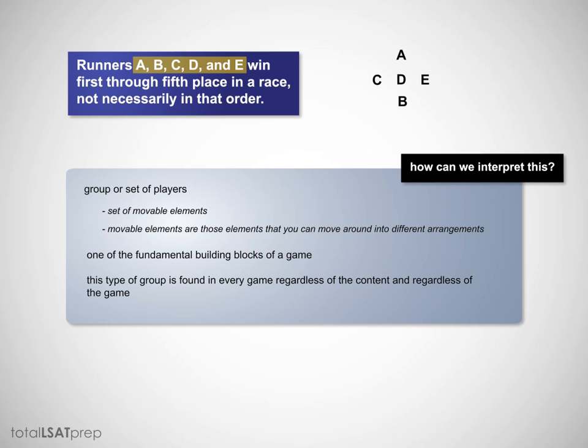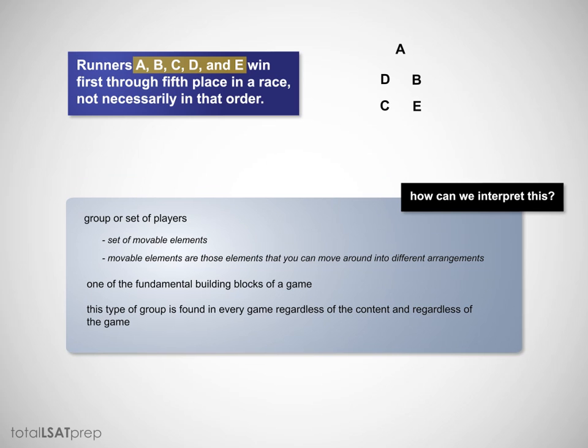And we can move them around, and put them so that D is in the middle, and A, E, B, C are around D, or that D, B, C are in some sort of square, and A is above D. Point is, if we just look at it as a group of movable elements, just runners A, B, C, D, and E, we can move them around in an infinite number of different arrangements. So here we see that we have the movable elements, and we move them around, but without placing them in a particular structure.